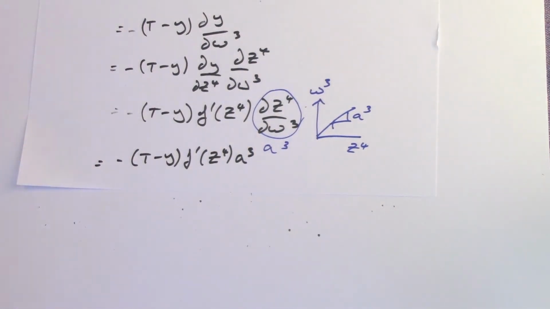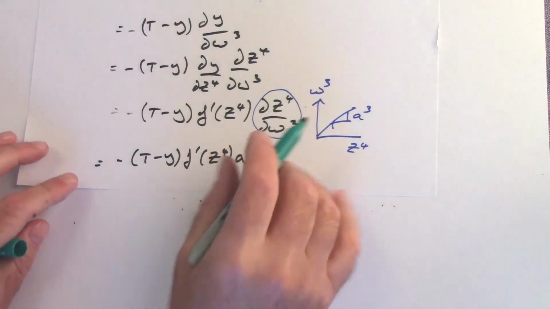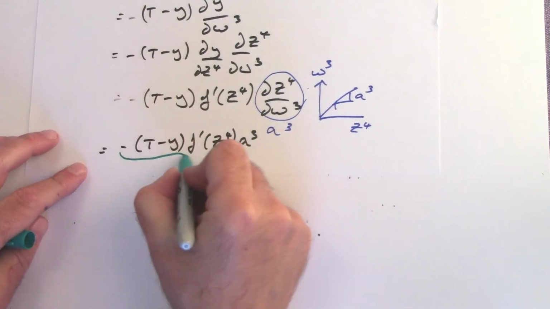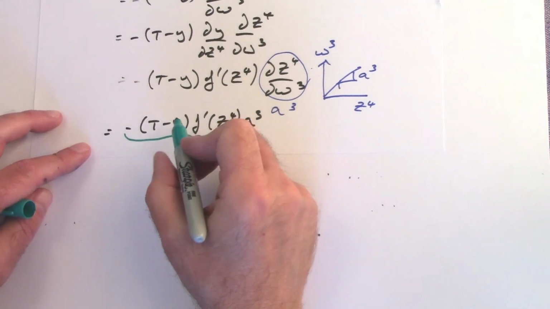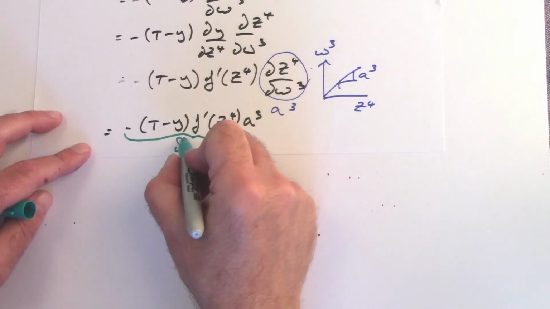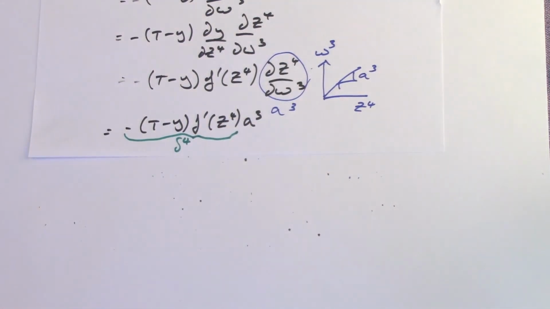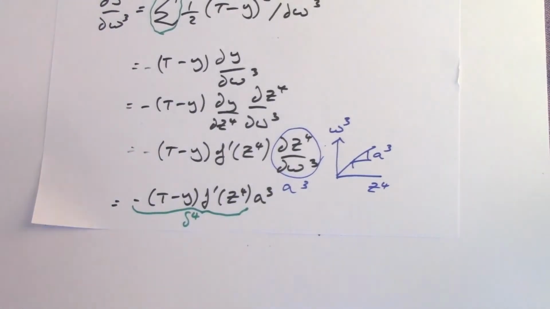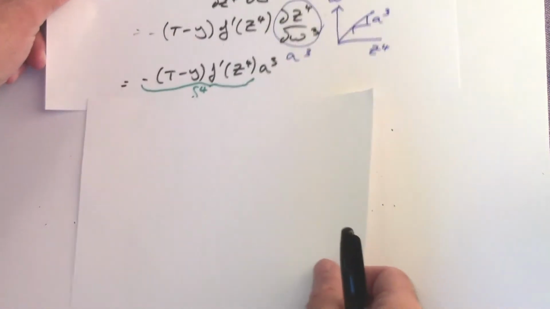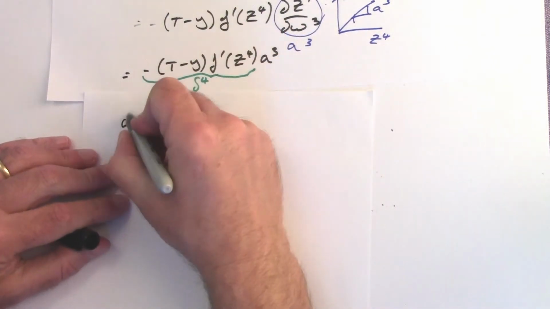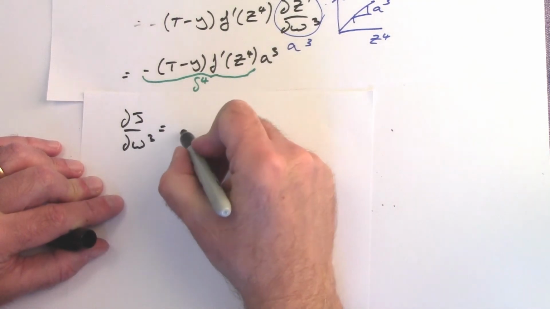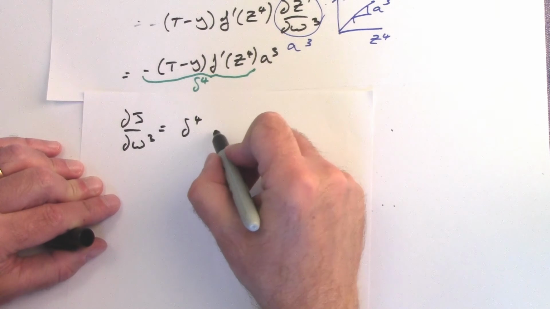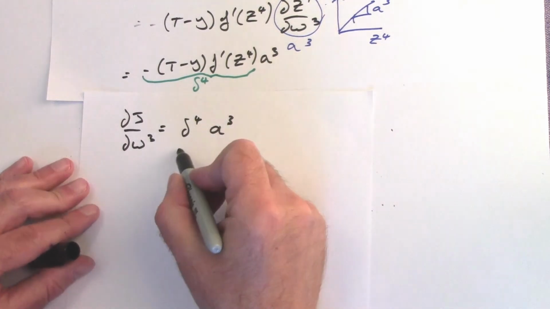And what we can say here is that we'll label this complete function here as del 4. So what we have here now is dj by dw3 is equal to del 4 A3, but we're not quite done yet.